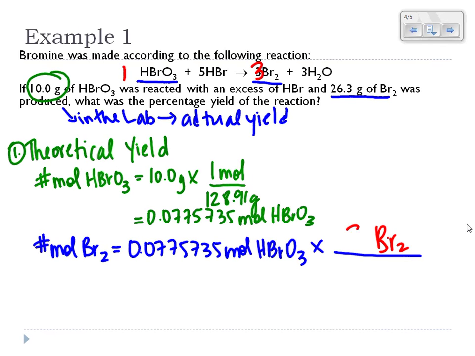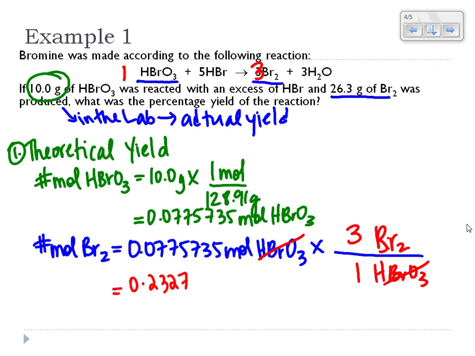Br2 has to go on the top, and 1 HBrO3 has to go on the bottom. The reason we do that, again, is so the HBrO3 cancels out, and I end up with Br2. So I take that and I get 0.23272 moles of Br2.